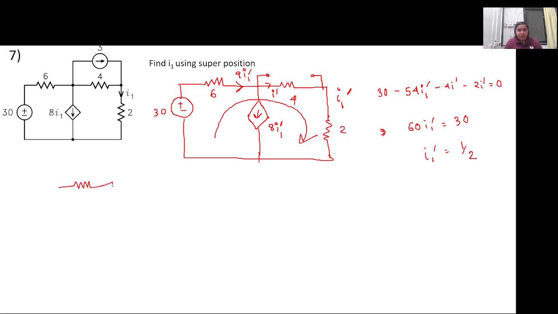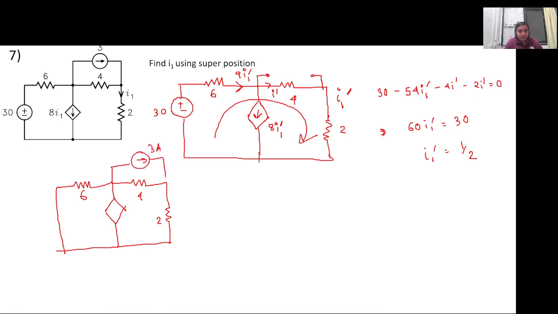Next, what we will do? What is the next step for superposition theorem? We will short circuit 30 volt and use the other source. Yes. So we will keep this 3 ampere current source, short circuit this. Now let this be I1 double dash.